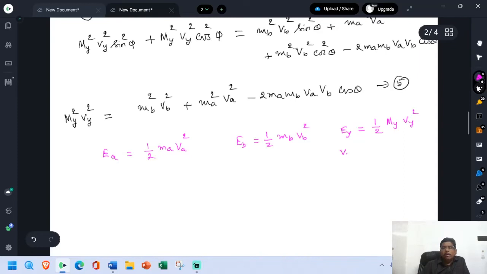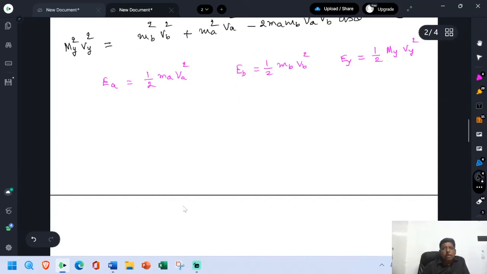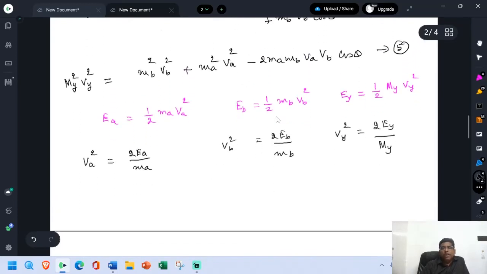From this, Va square equals 2Ea by ma, Vb square is equal to 2Eb by mb, and Vy square is equal to 2Ey divided by My.